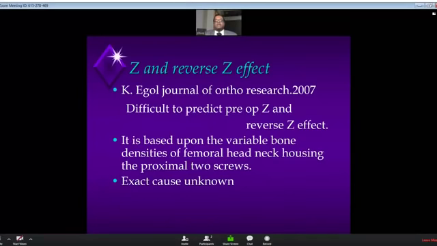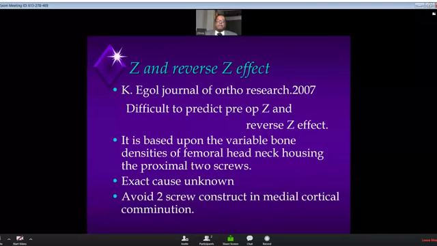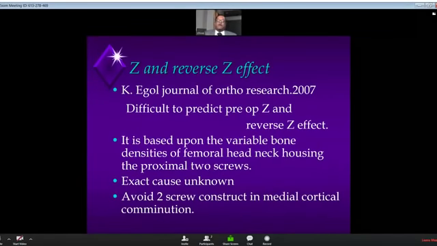That's why the screw strength is different at different places of fixation. Finally, he says the exact cause is unknown or idiopathic. And he concludes saying, try to avoid a two-screw system like PFN in a medial cortical combination.